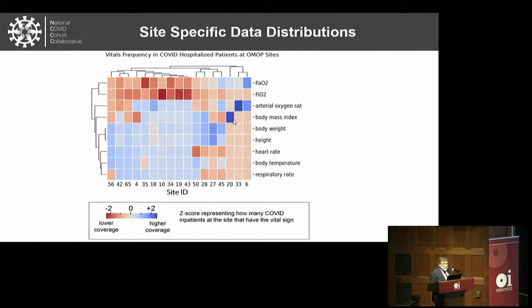This is a site that had more complete body mass index than most other sites. This site had more complete arterial oxygen sat than most other sites, and so on. But it's kind of a fingerprint so that a given site or organization can see how their data completeness, and this is mostly data completeness in this particular instance, measures up relative to their peers that contributed information in the same data model.